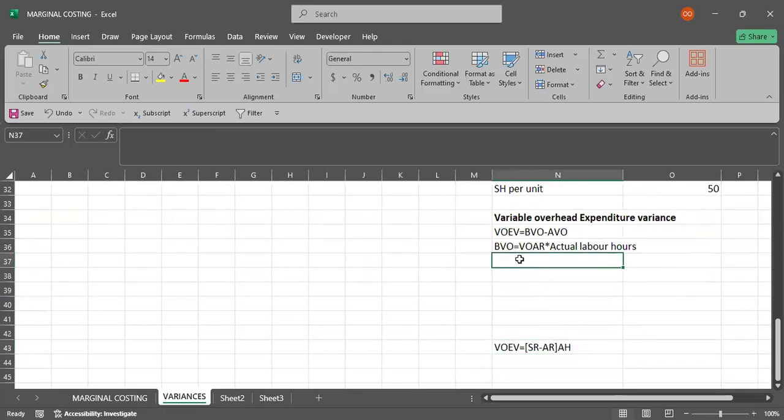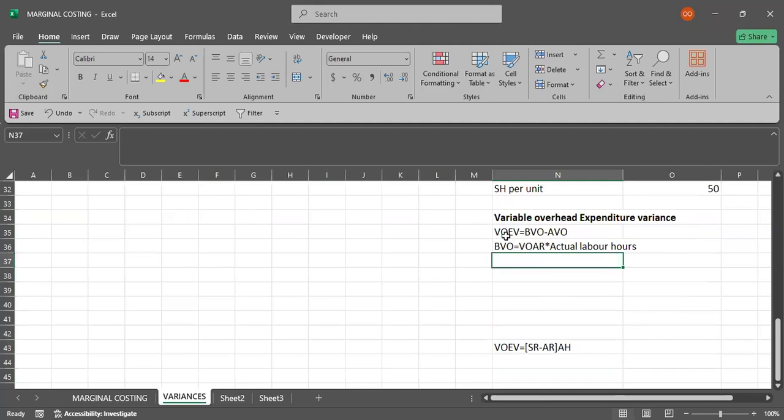Good. So let's see if these two methods will give us the same thing. Let's start with the first one. Budgeted variable overhead is equal to variable overhead absorption rate times actual labor hours. But because we don't have that, what we currently have is the variable overhead expenditure variance. What is our variable overhead expenditure variance?